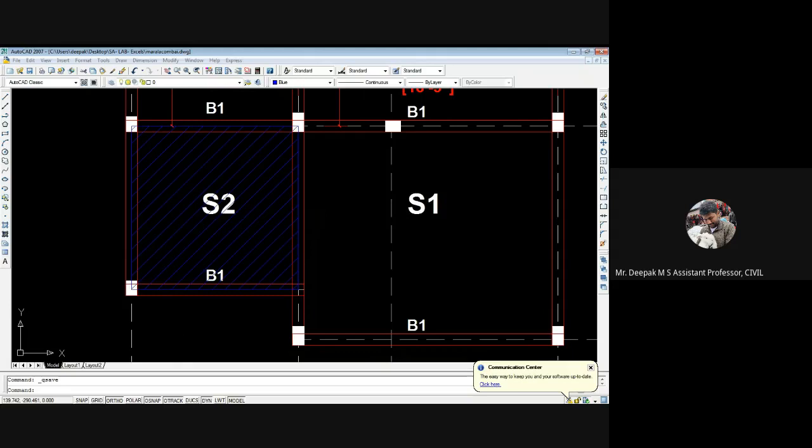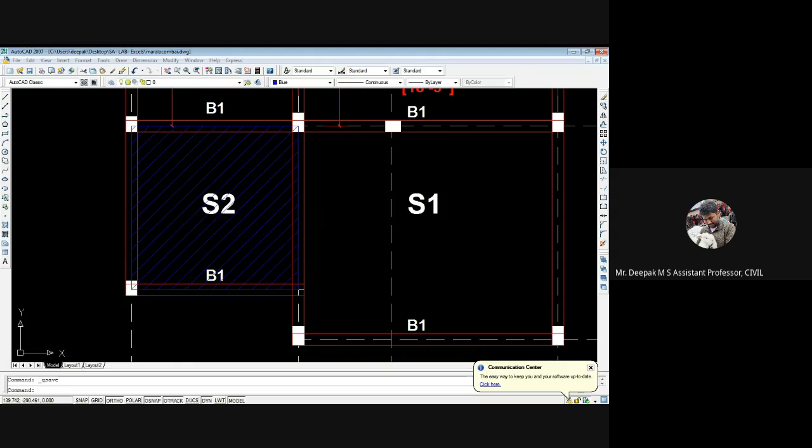Why 120 mm? Why can't I go for 125 mm? Yesterday, while considering the one-way slab design, I kept the overall depth as 120 mm.